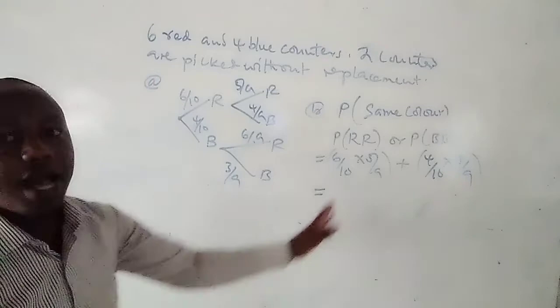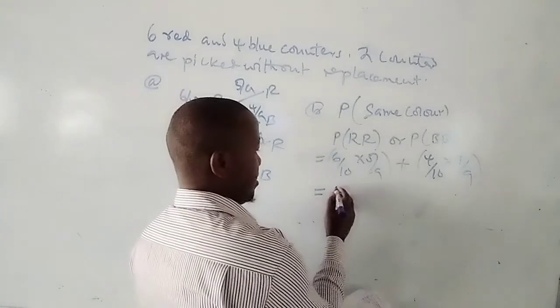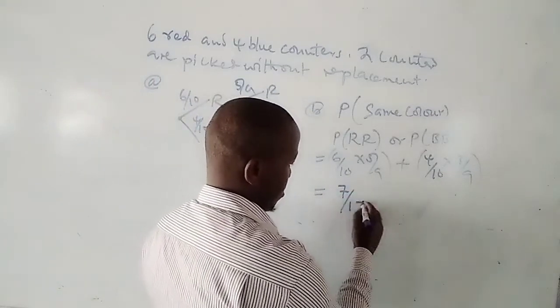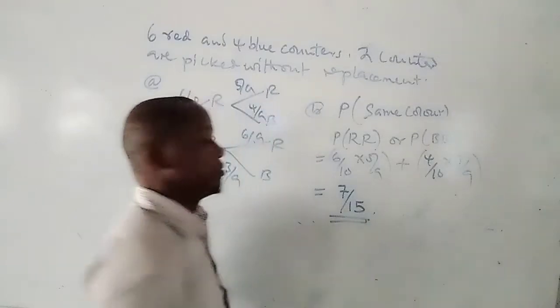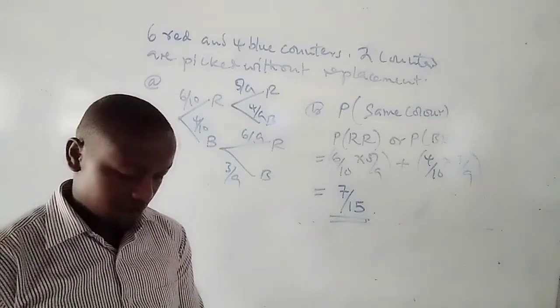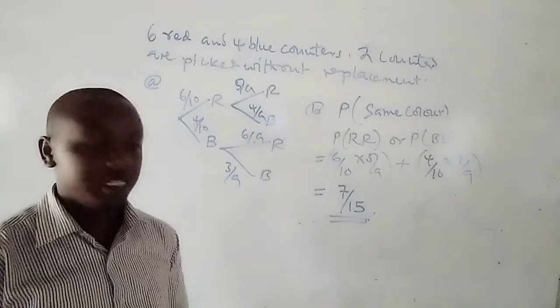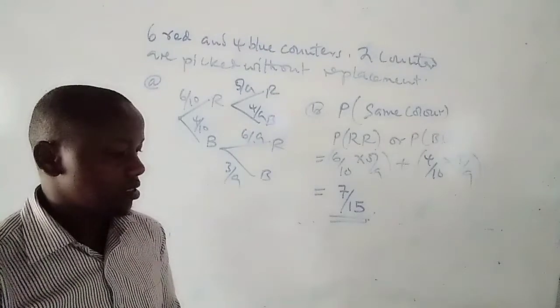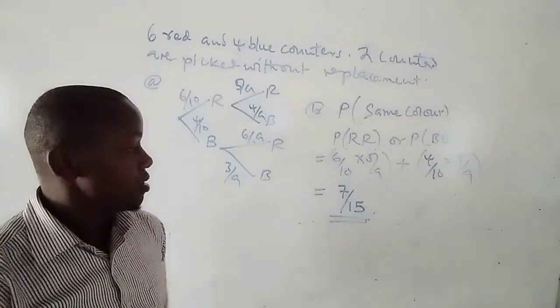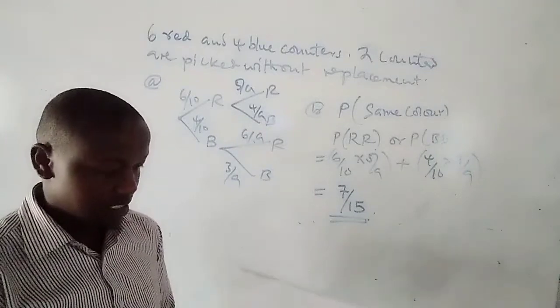So when you add, after simplifying this, you get 7 over 15. So that's the probability that the counters picked are of the same color.